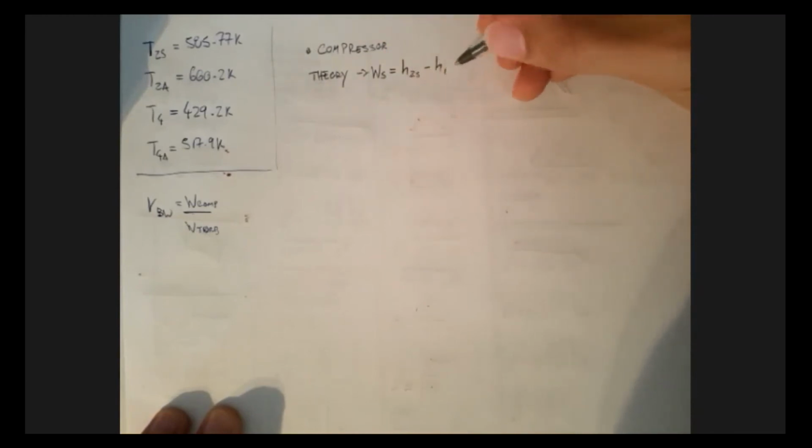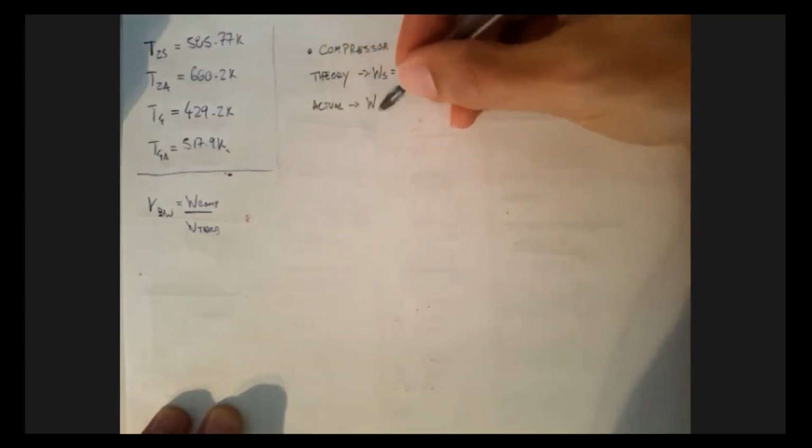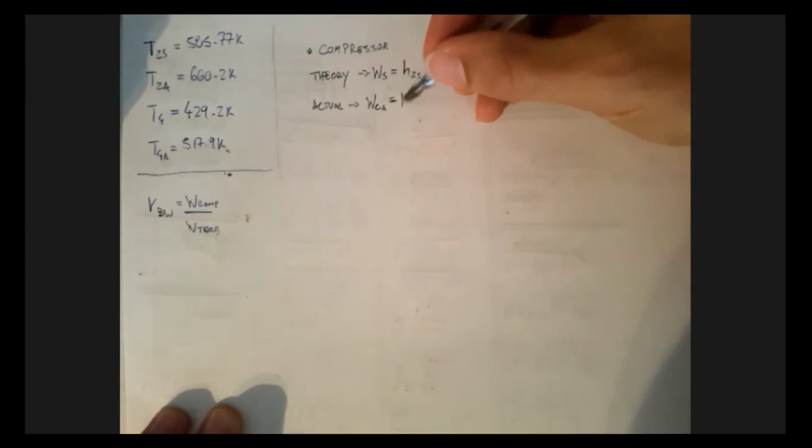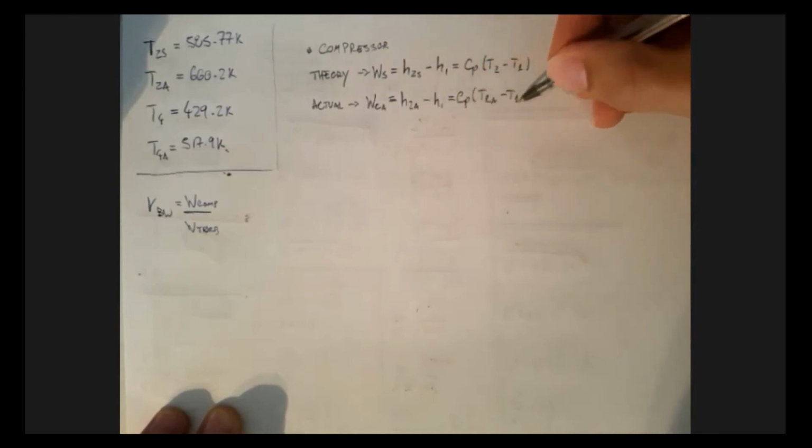So let's do the theory work of the compressor. So Ws of the compressor will be H2S minus H1, which is the same thing as Cp times (T2S minus T1). And the one for my actual is H2 actual minus H1, which is Cp times (T2 actual minus T1).